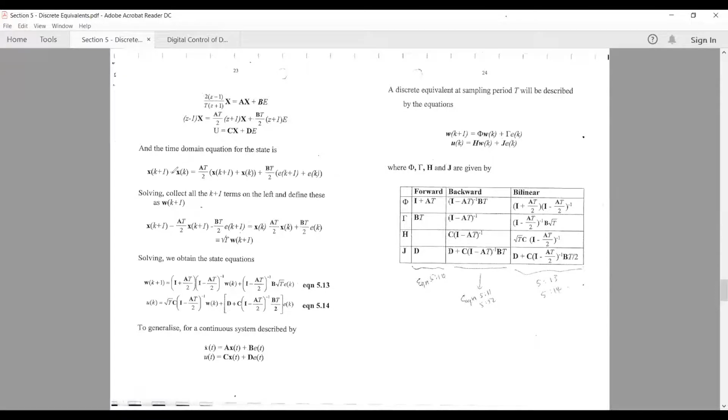Sorry, this x of k will come here, so x of k plus tA over 2 times x of k. There is an error, there will be a plus here: plus tA over 2 times x of k plus tB over 2 times e of k, and we equate that to root of t times w of k plus 1. This root of t is just a scaling factor applied here to scale w of k plus 1.